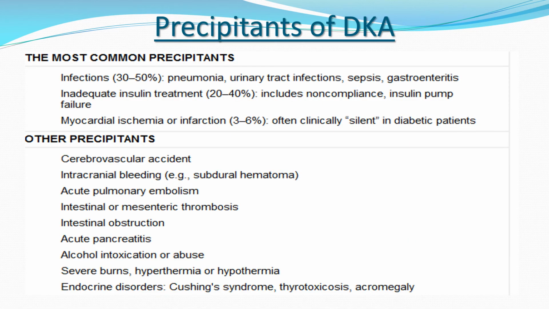As we mentioned, the most important precipitating cause for diabetic ketoacidosis is infection, for example pneumonia, urinary tract infection, septicemia, or even severe gastroenteritis. The second common cause is inadequate insulin treatment, or a severe precipitating factor like myocardial ischemia or myocardial infarction.